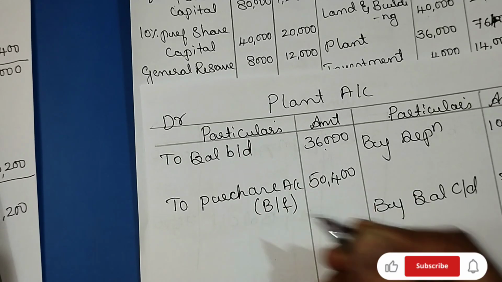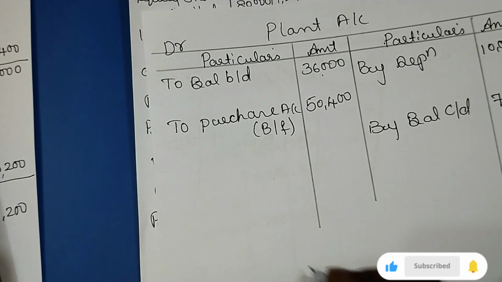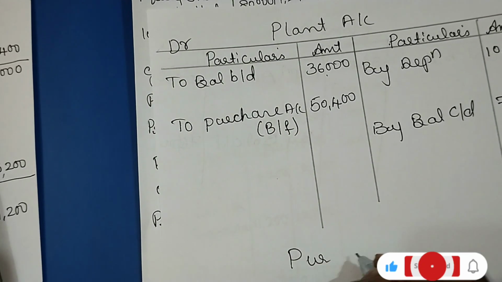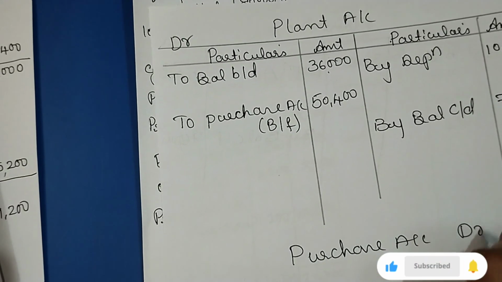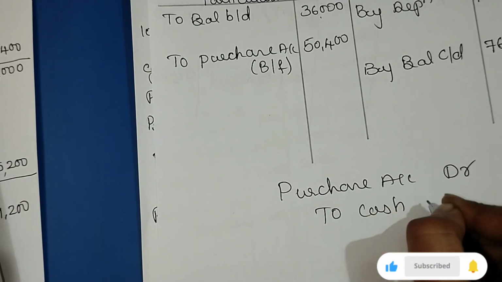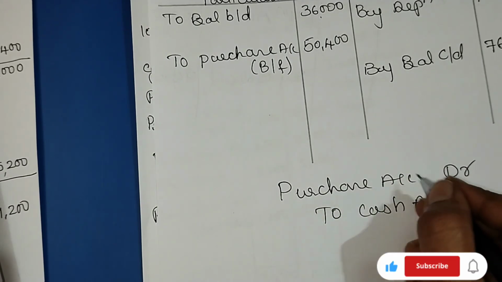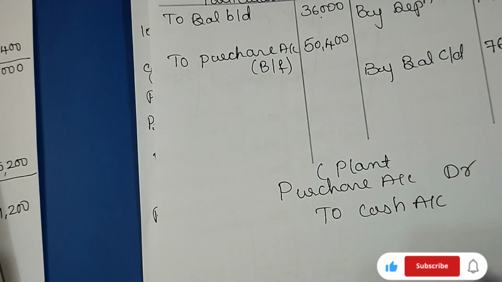Balancing figure. What is a journal entry when you purchase any plant? Purchases account debtor, right? Purchase account debtor to cash account. When concerned asset name is given, you will record concerned asset name.